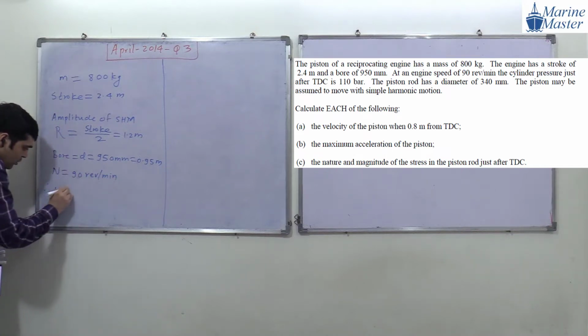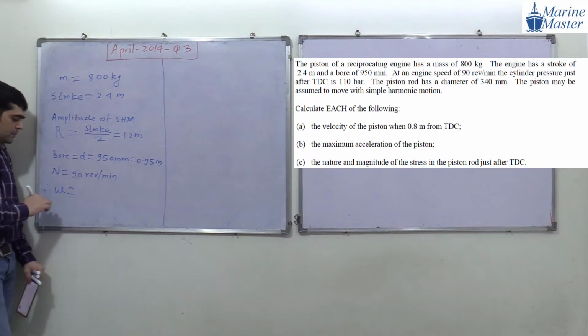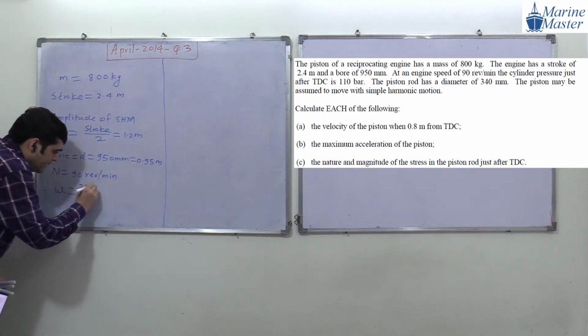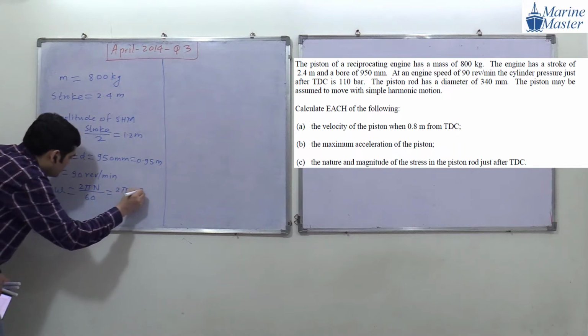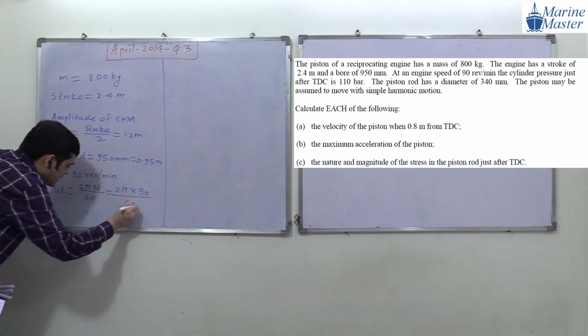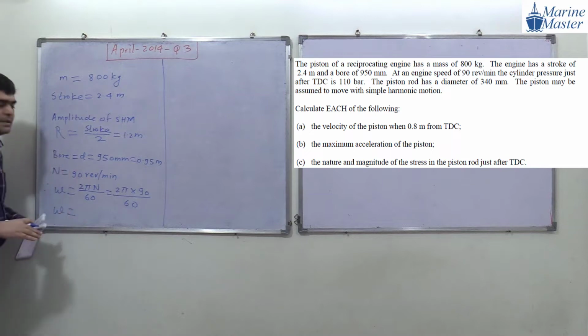So the corresponding omega will be equal to 2 pi n by 60. So 2 pi into 90 divided by 60. Everyone please do the calculation and tell me the value of omega.